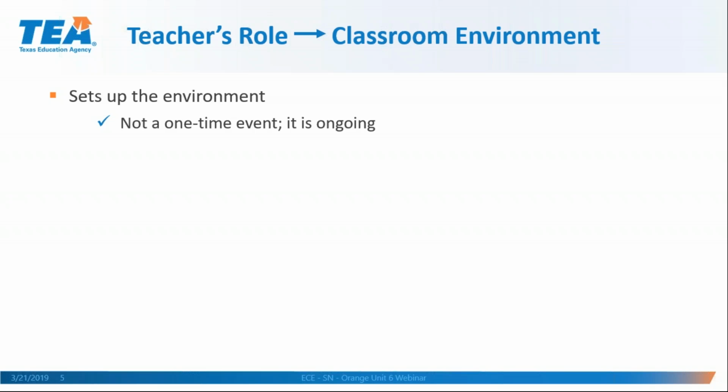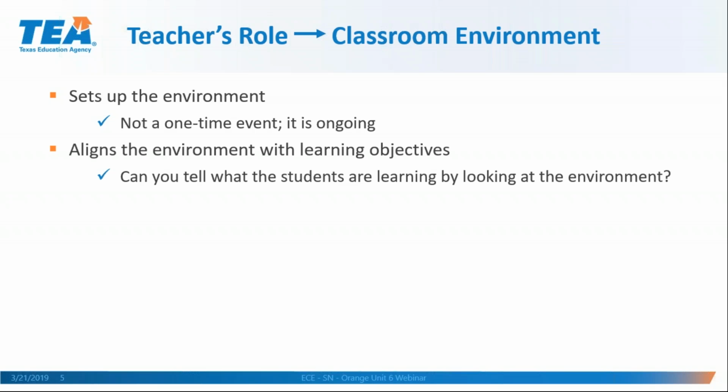And one of the main reasons why is because we want the classroom environment aligning with whatever the learning objectives that the students are learning. So we talked about, can you walk into one of your pre-K classes and without even hearing a child or hearing the teacher, can you tell what the children are learning about just by looking at the environment? You should be able to.